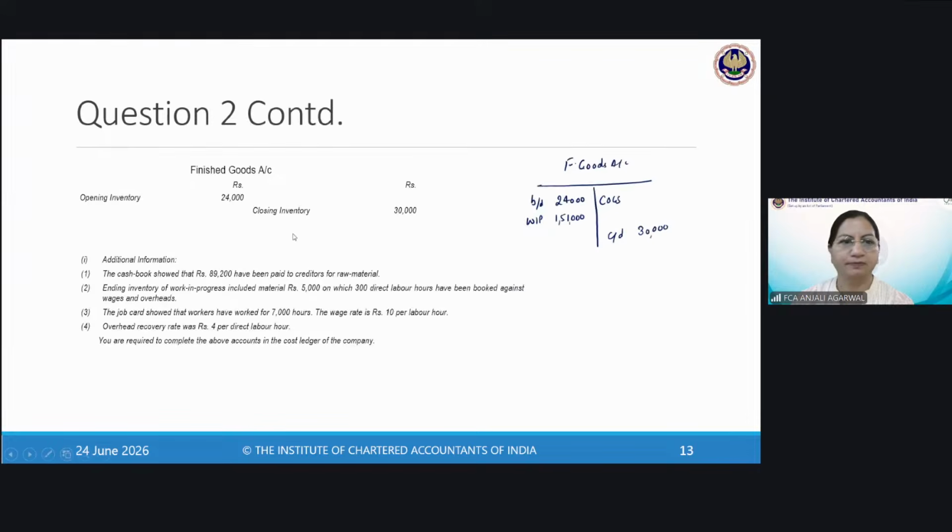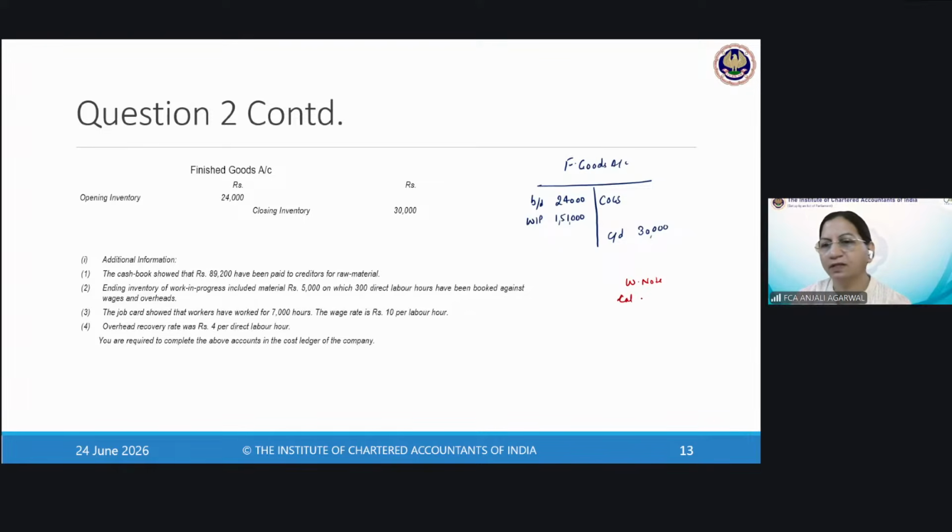Then ending inventory of WIP includes material 5,000, on which 300 direct labor hours have been booked against wages and overheads. So information regarding closing WIP is given.